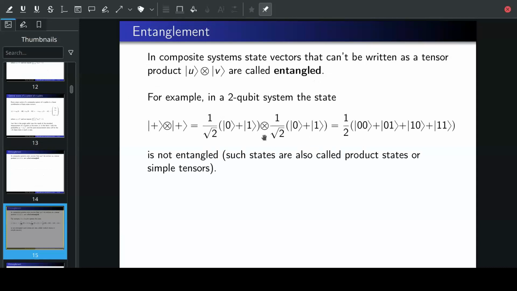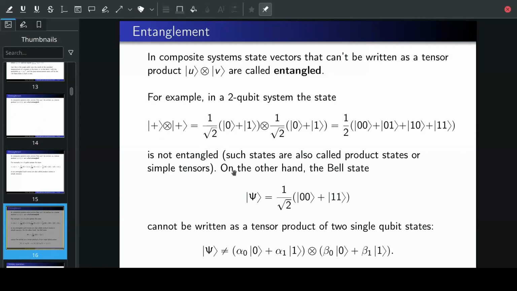So we just write down what ket plus means, and then we just use the linearity of the tensor product, and we can rewrite it in this form. Now, it is not entangled because it is a tensor product. And we also call such states product states or simple tensors. Also, these states are separable.